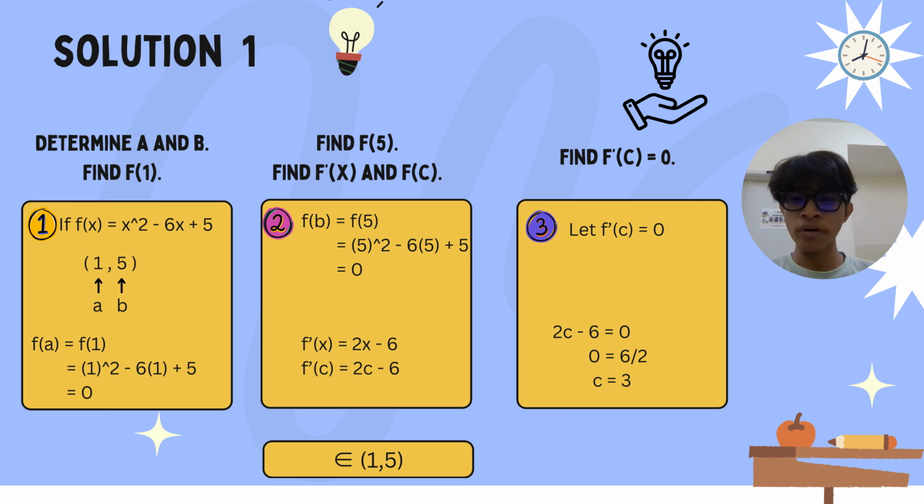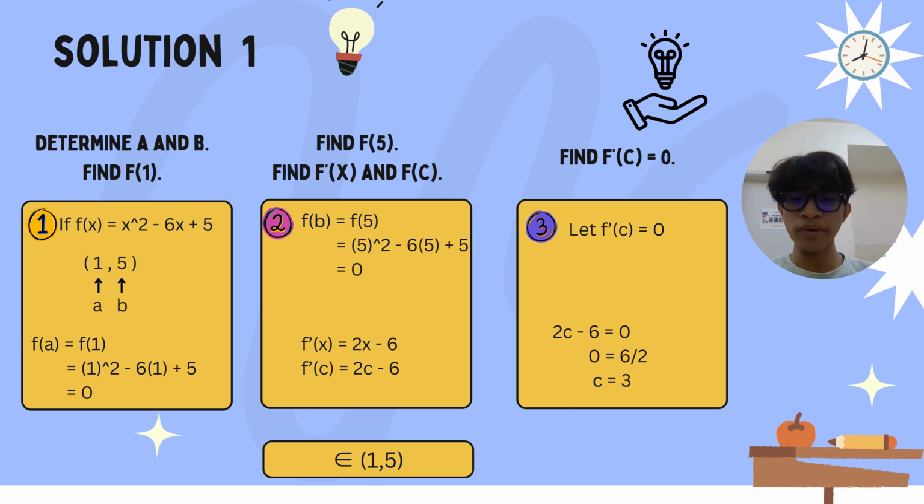It will be 1 power of 2 minus 6 times 1 plus 5. It will be 0. After that, we need to find f(b). As you can see, the interval given for b is 5. We substitute 5 into the equation, and it will be 5 power of 2 minus 6 times 5 plus 5. It will be 0.